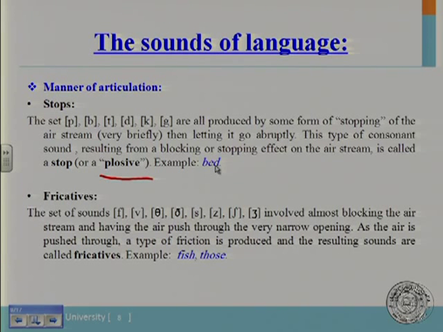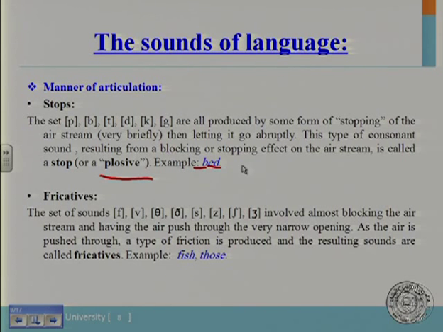An example of this group we have here is bed. The first letter b is the same as the sound b, and this is a stop sound.